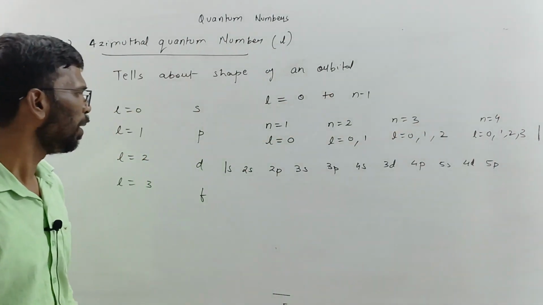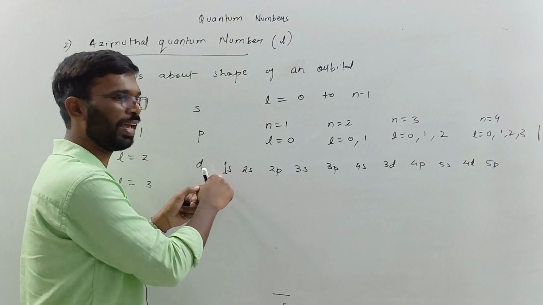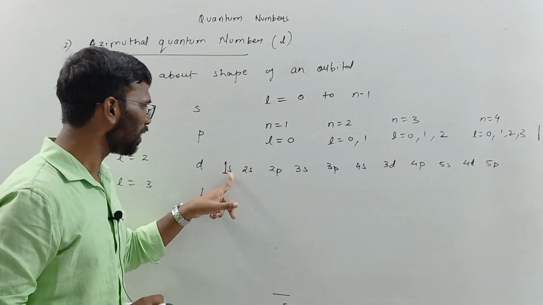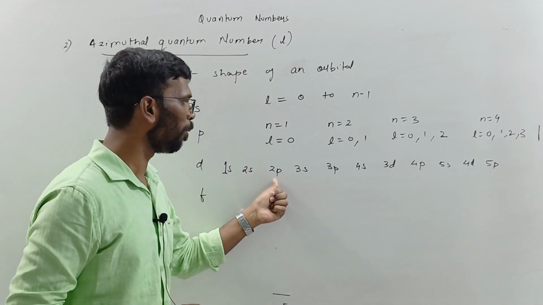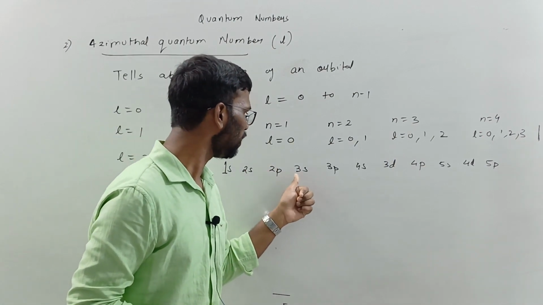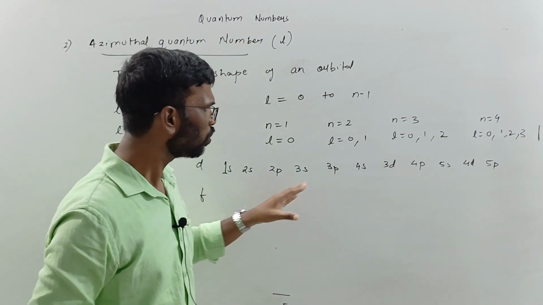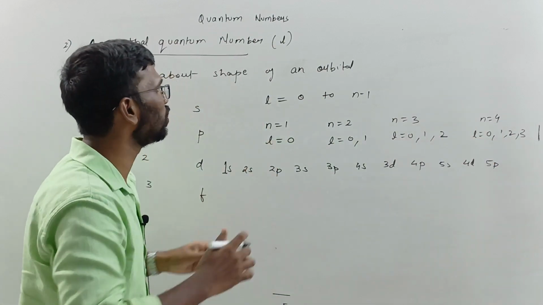Many more are there, but if you see, the first is principal quantum number 1, and n represents the principal quantum number. So in 1 there is just an s orbital. In the second shell there are s and p orbitals. In the third shell there are s, p and d orbitals. In the fourth shell there will be a 4f orbital also. That is what it means.